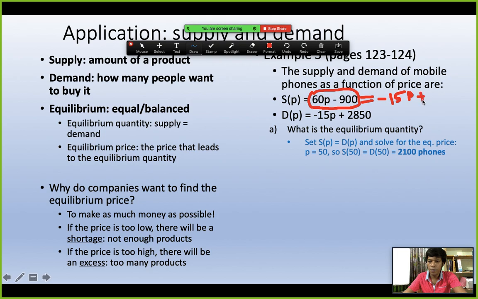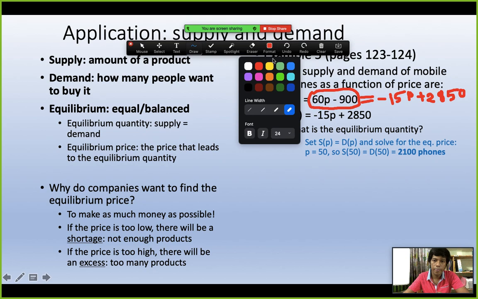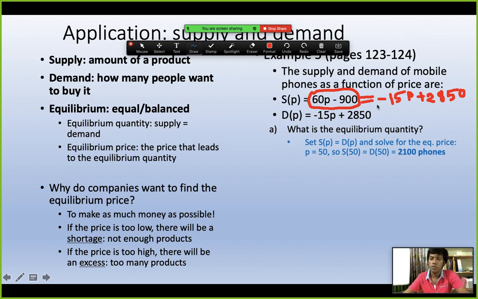I can use some the pen, less thick or just simply thin pen actually. Okay, so we have to write this equal to this. Why? To get the equilibrium.